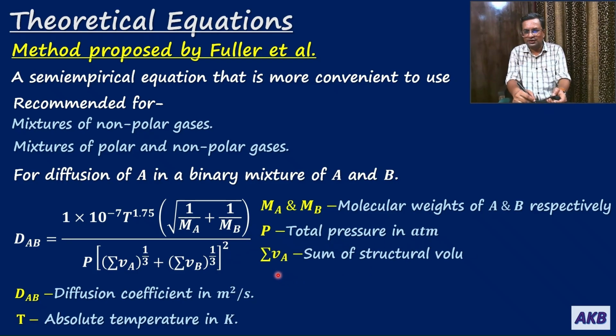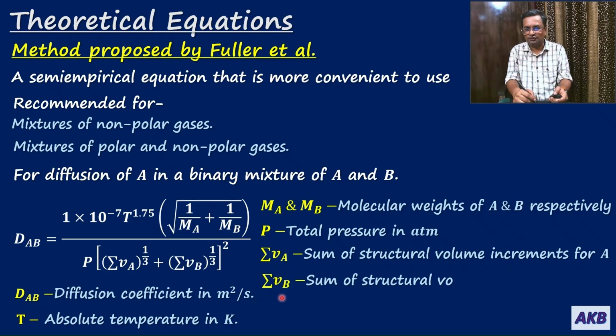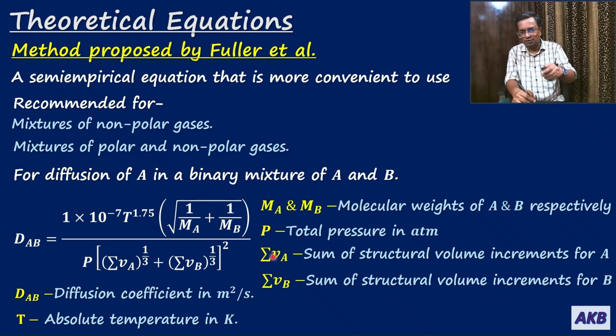Then summation VA is the sum of structural volume increments for A. Now in my next video lecture, I will be discussing one numerical, and in that numerical, I will tell you how to get this sum of structural volume increments for A. Similarly, you have summation VB, which is the sum of structural volume increments for B. So in my next video, I will tell you how to get these two quantities.